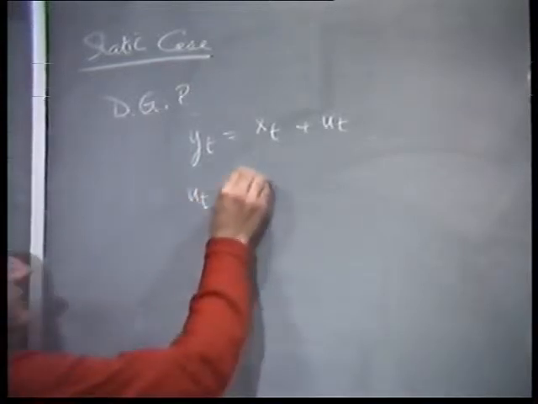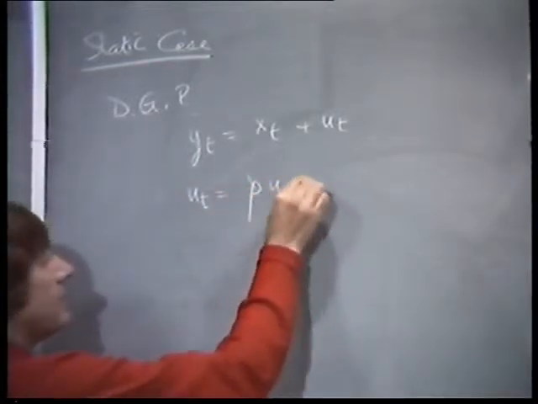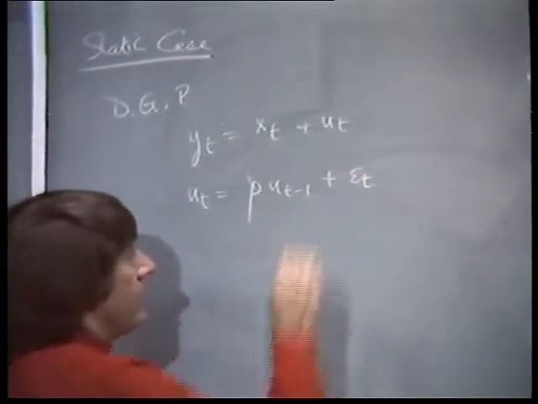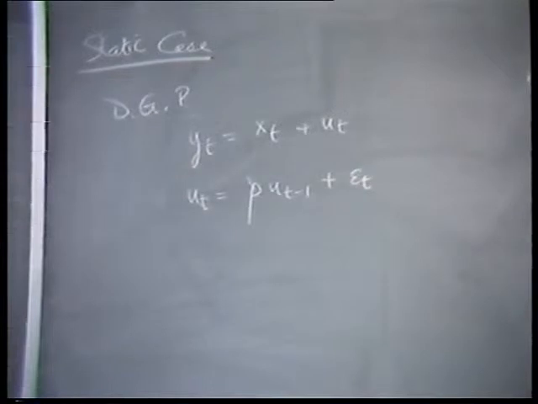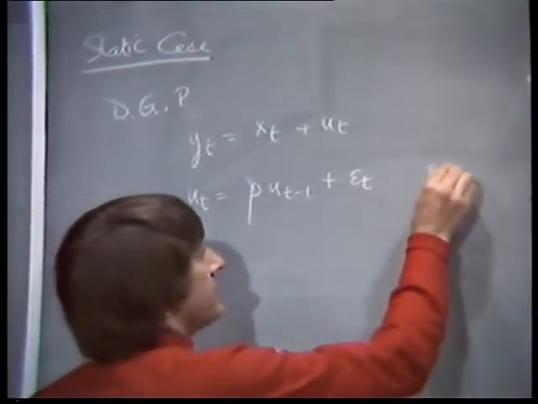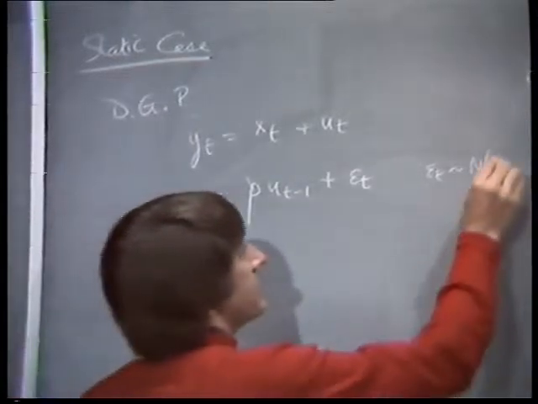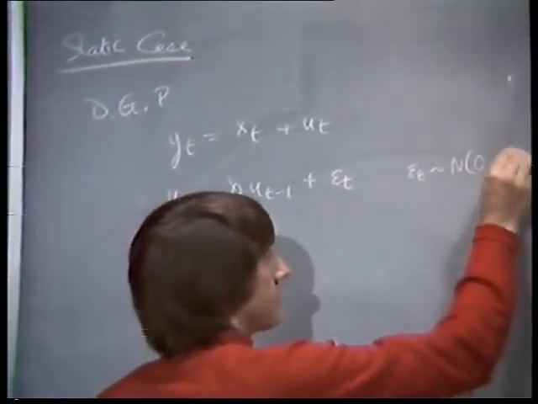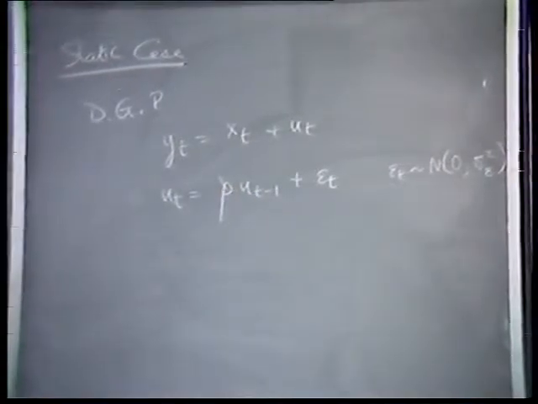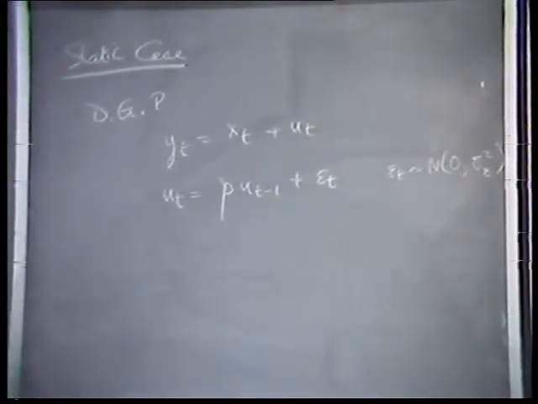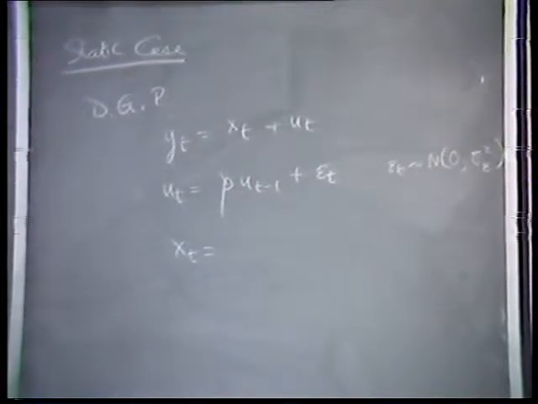But we assume that the errors are generated by a first-order autoregressive error process, where the epsilons are normally independently distributed, zero mean, constant variance sigma epsilon squared. So all we now have to do is to specify how the independent variables x_t are generated. And a process for generating the x's, which is quite realistic for economic applications, is an autoregressive process.